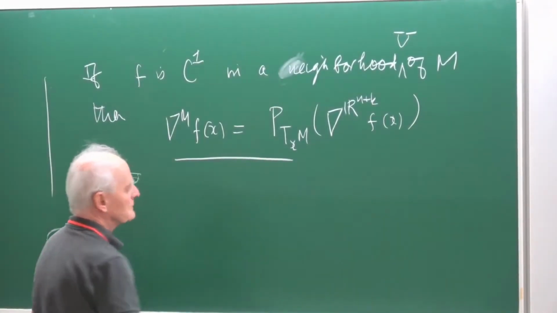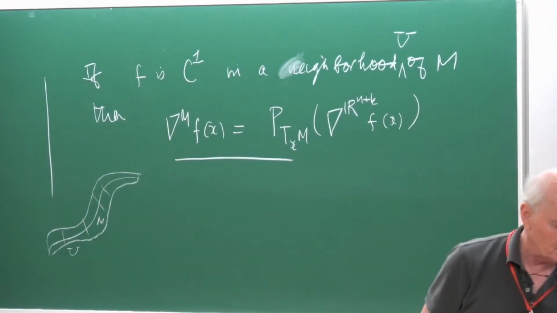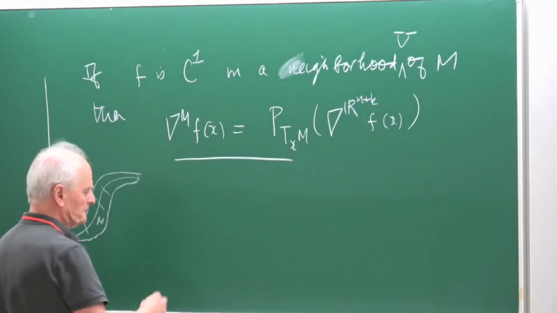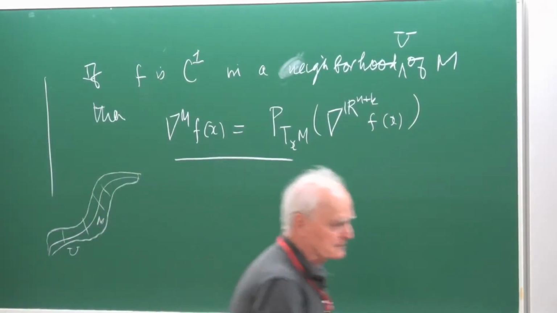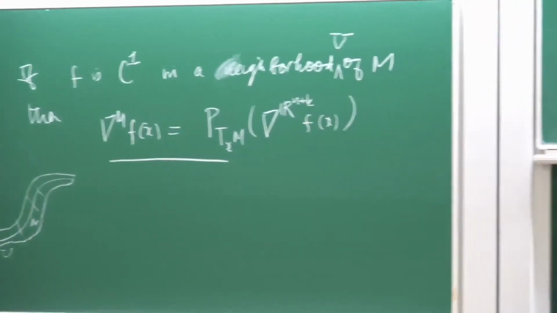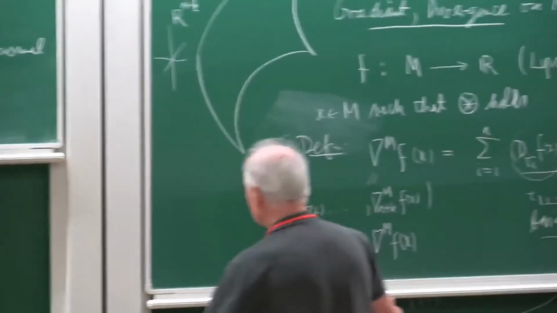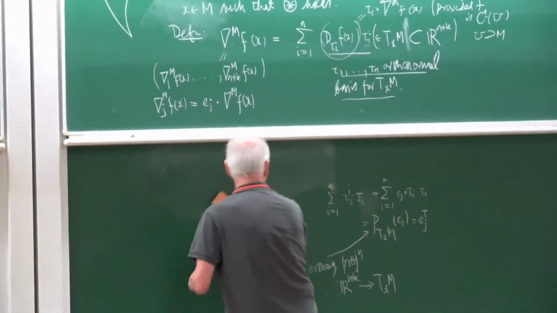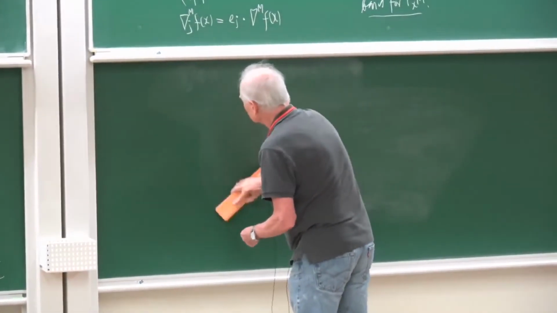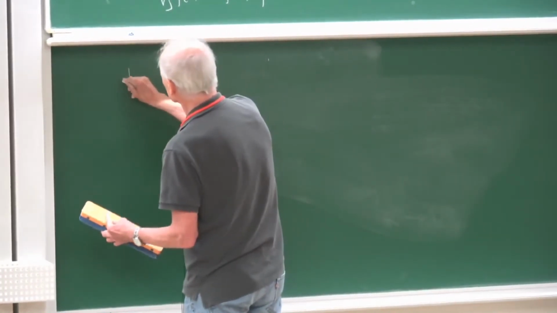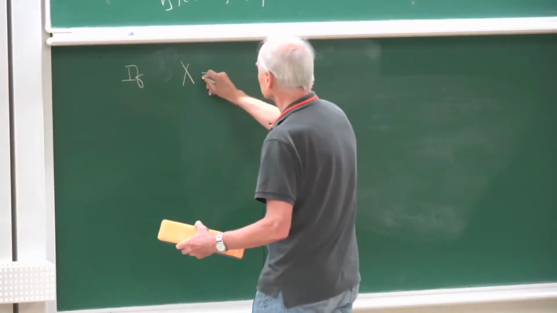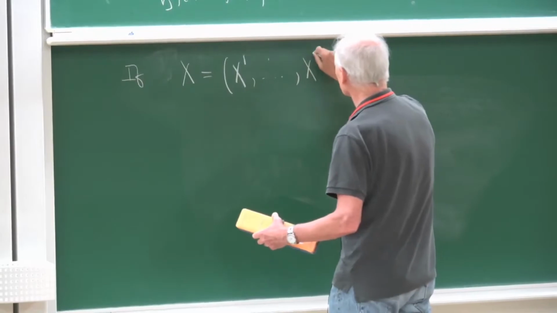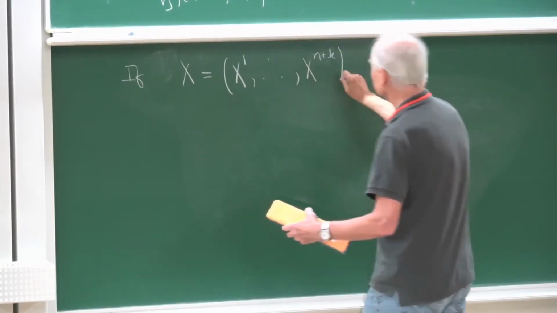Right. Now, there's one other important object, and that is if you take X, a vector function with components x_i, it's a vector function on M with values in R^(n+k).